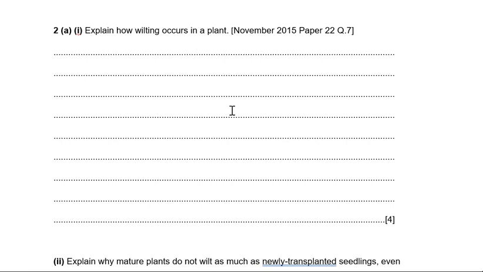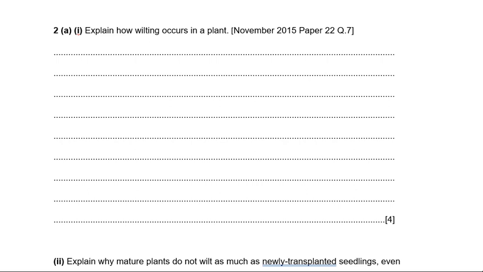Okay, now we're looking at part 2A. Explain how wilting occurs in a plant. We have covered this a little bit when we were doing paper 1, if I'm not mistaken.